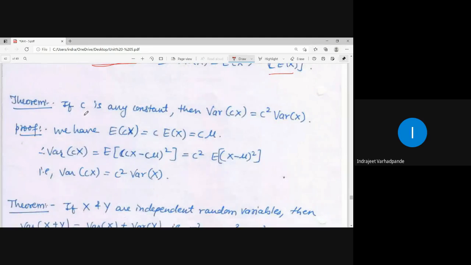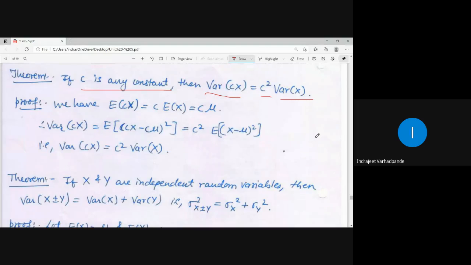Second theorem is, if c is any constant, then var of cx is c square into variance of x. So how will it be derived? Expectation of any quantity, that is expectation of c into x, has the constant outside, and you only take the expectation of x.